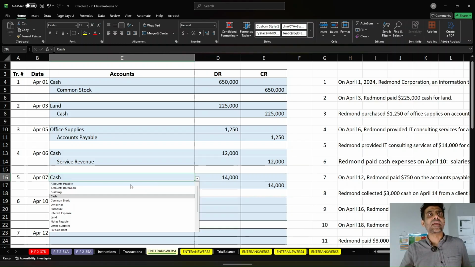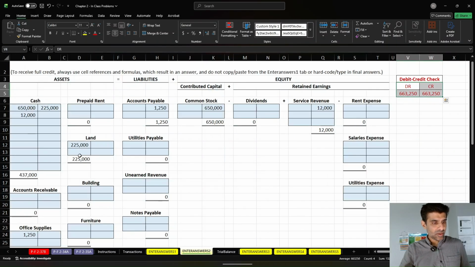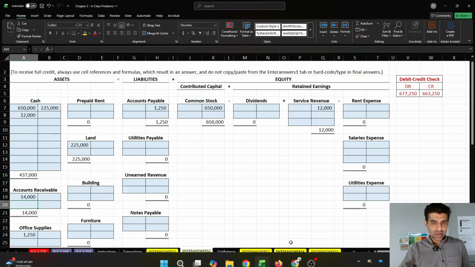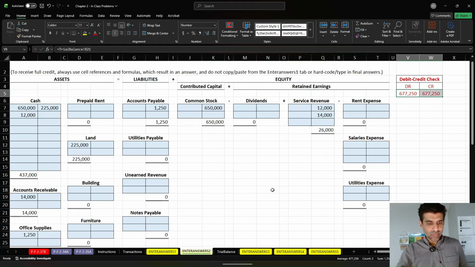It's for sure, yeah, it's an asset. So then we post it. Accounts receivable, 14,000 debit. Service revenue, 14,000 credit. And we're still balanced.